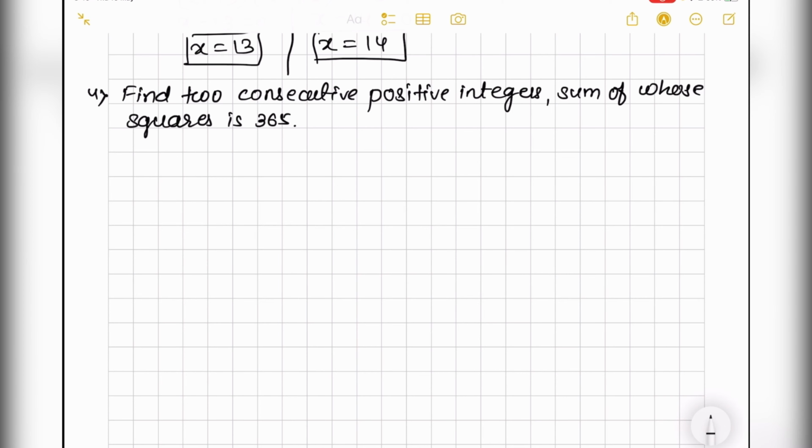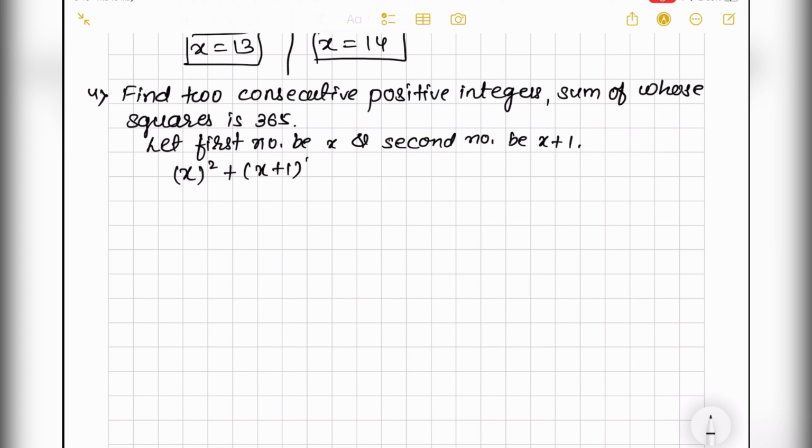Now he is saying, see, two consecutive positive numbers. So let the first number be x and the second number be x + 1. As they are consecutive, it will be x and x + 1. Now he is saying the sum of whose squares, so the square of the first number plus the square of the second number equals 365.